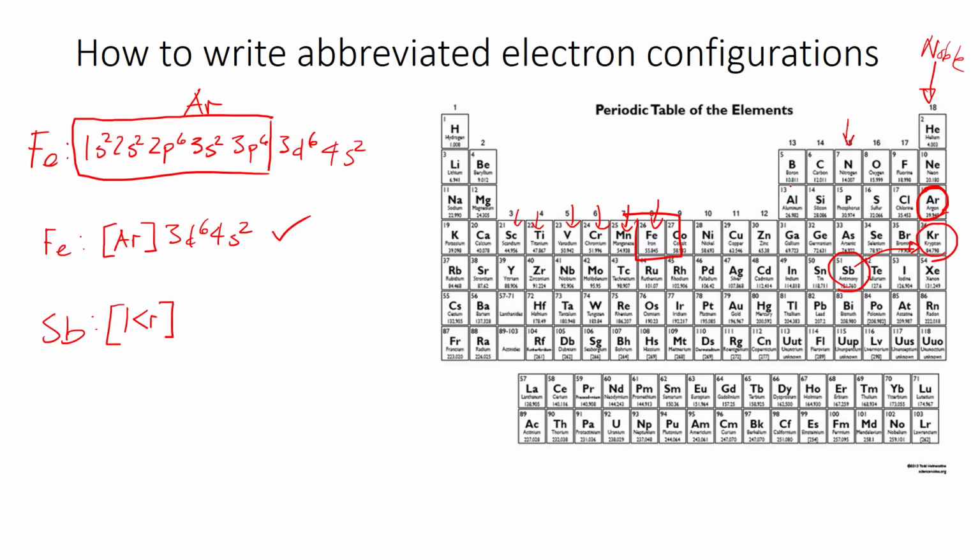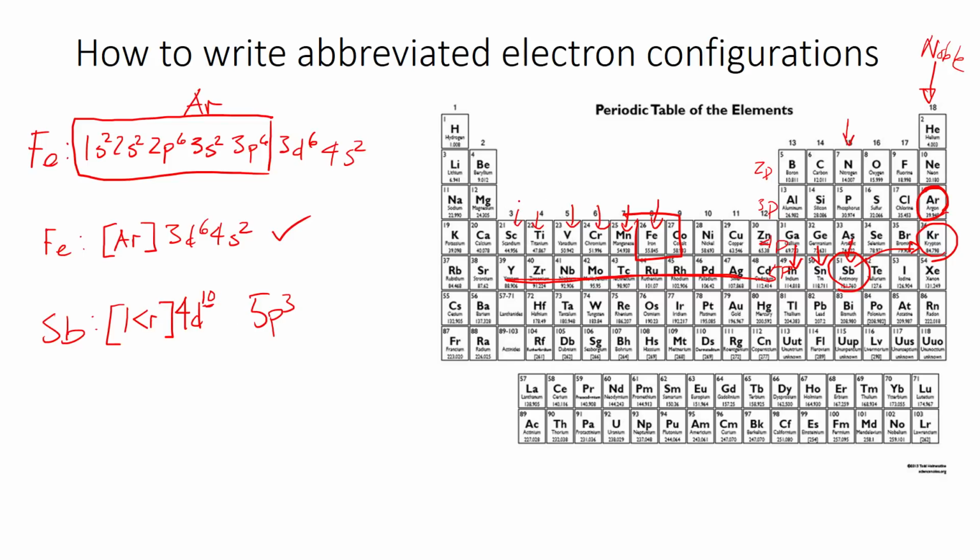Next, we just identify where it is. This is in the p block. Remember 2p, 3p, 4p, 5p. We know it's in 5p. 1, 2, 3. We know it's going to end up in 5p3. And then before all that, there's all this stuff, which is my 4d. So we know it has a 4d10. How do I know there's 10?